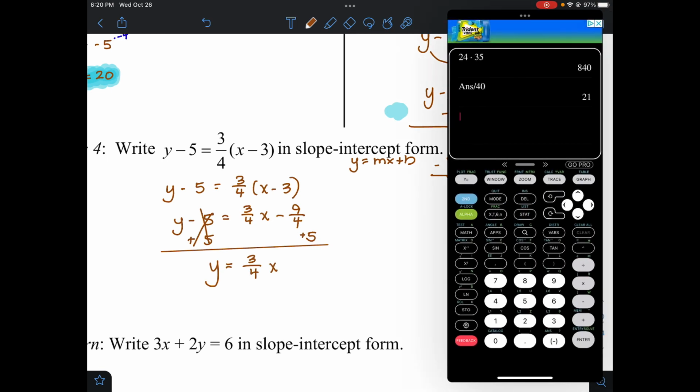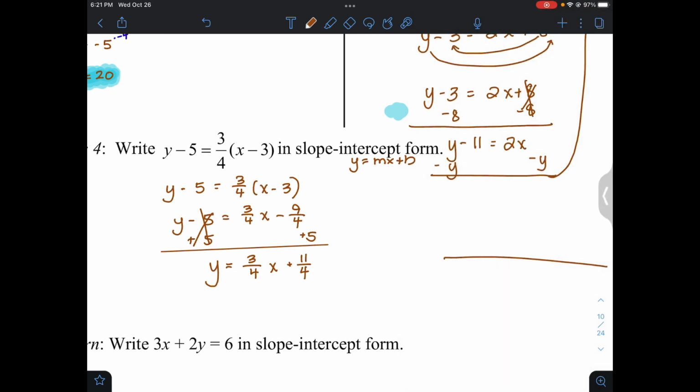So I'm going to do negative 9/4, so just 9 divided by 4, plus 5. And then math, enter, enter, and we get plus 11/4. Okay? So there we go. All right, so try the last your turn, and then check your work.